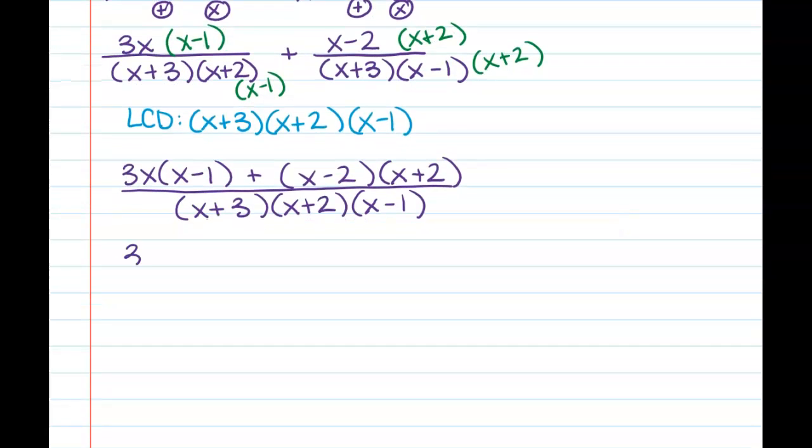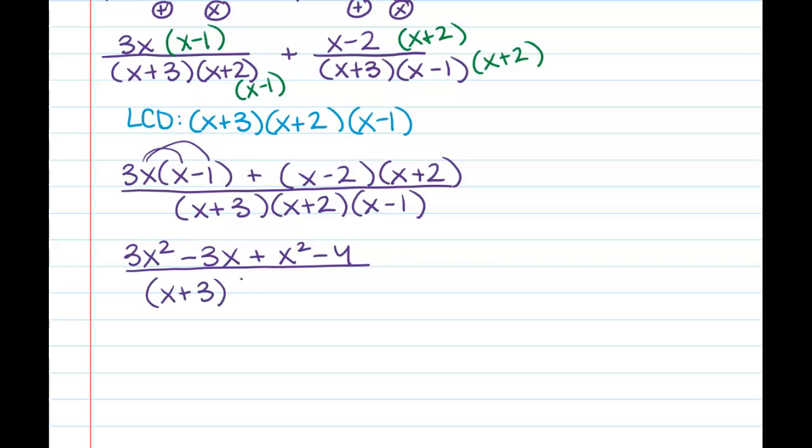So then we have 3x squared minus 3x plus, and since x minus 2 and x plus 2 is a difference of squares, I know that equals x squared minus 4, but you could also multiply it through, over x plus 3, x plus 2, x minus 1.